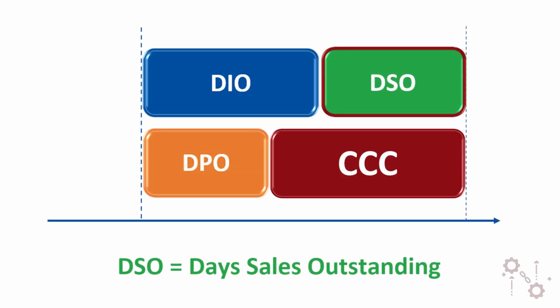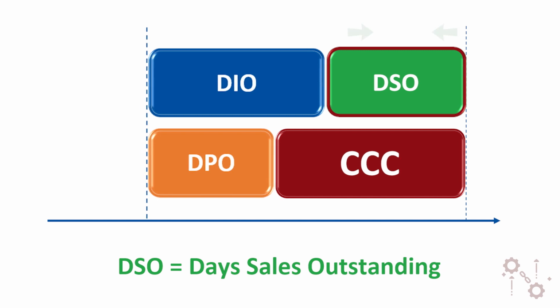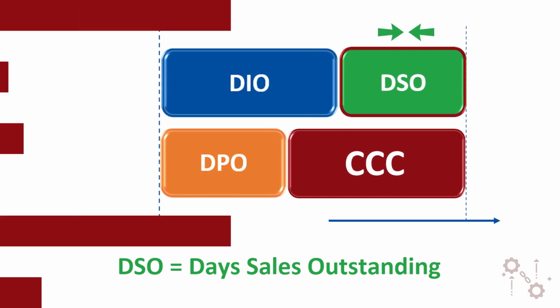But in business-to-business sales, that's not always the case. So DSO considers how much money a business is waiting to be paid from credit sales, rather than cash sales, relative to the quantity of sales made. For cash flow, we want our days sales outstanding to be as small as possible.